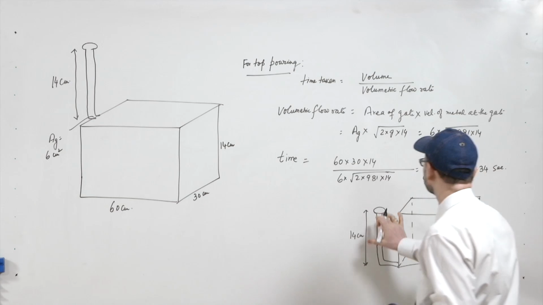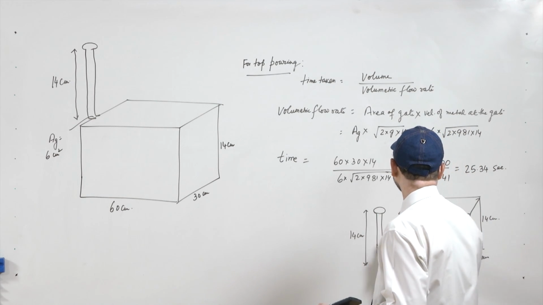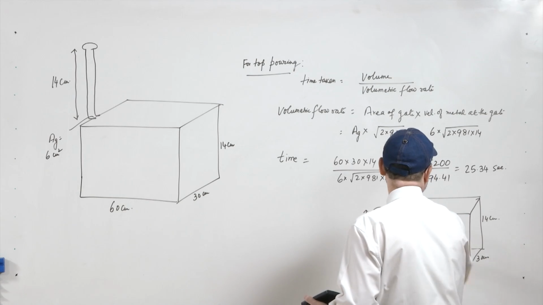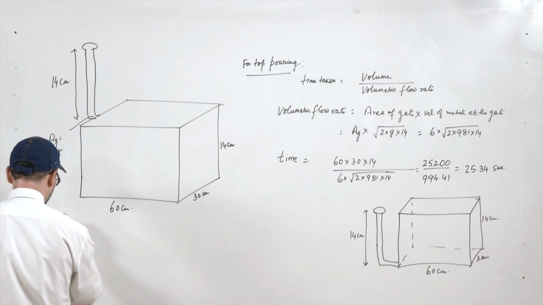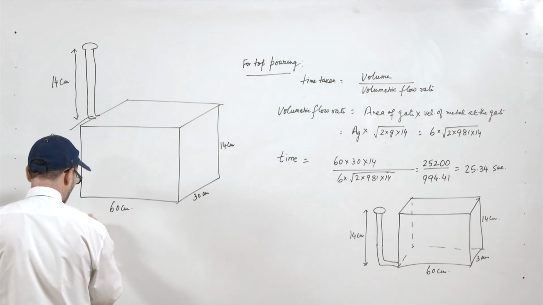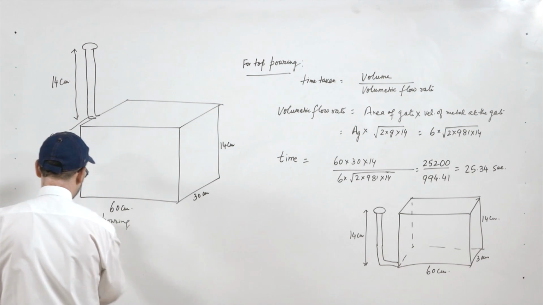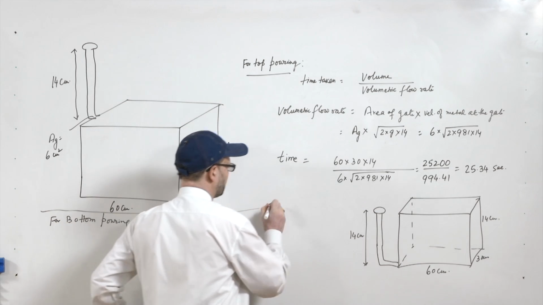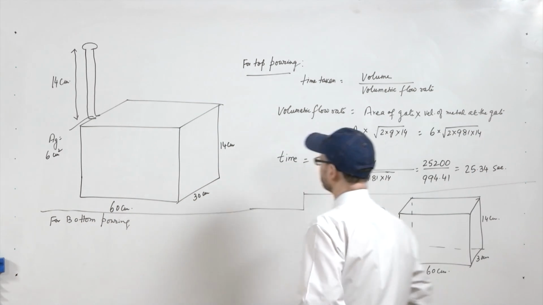So, in this case this is your pouring cup and this height is same. Now, if you go for bottom pouring, up to this stage we have done it for top pouring.